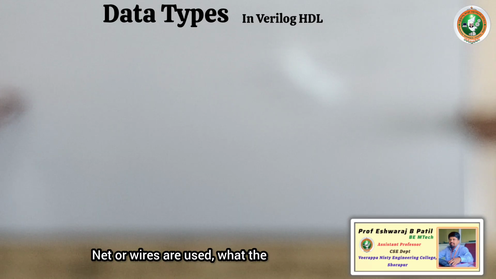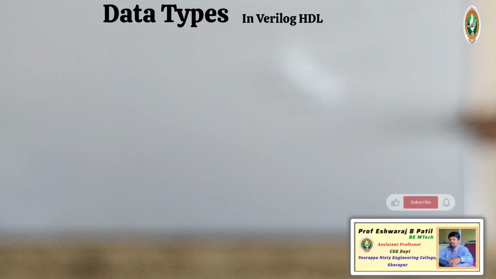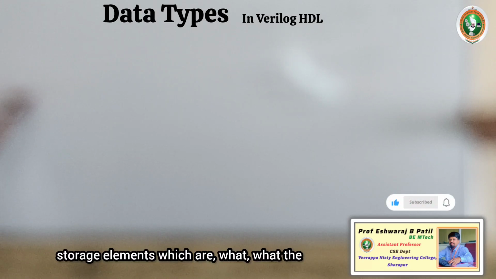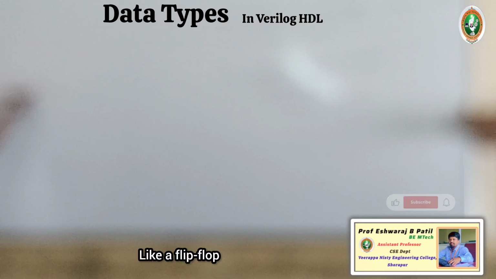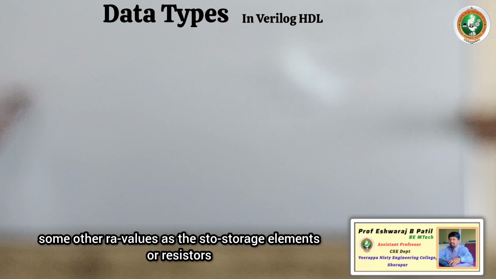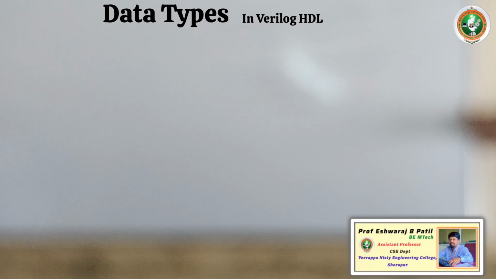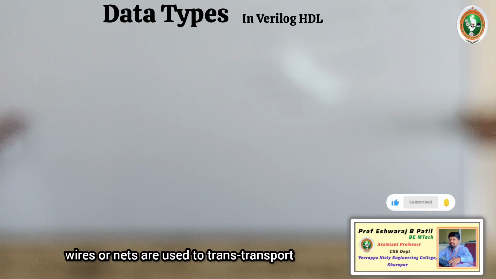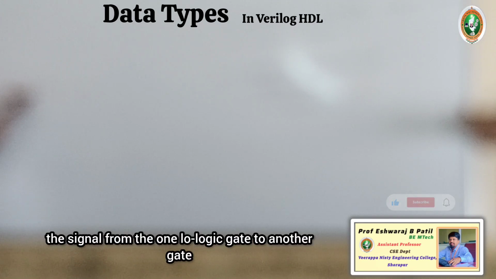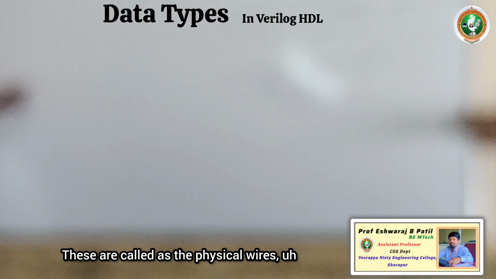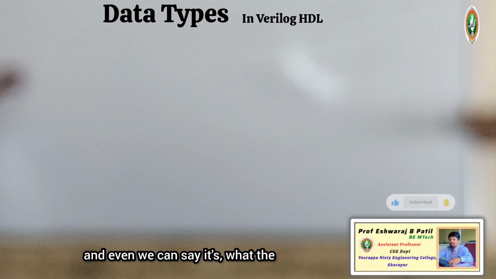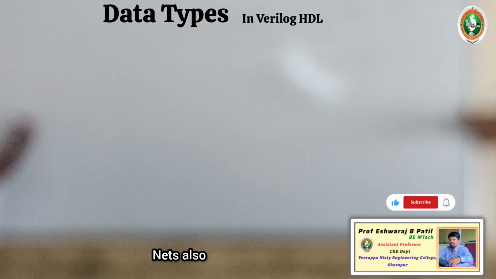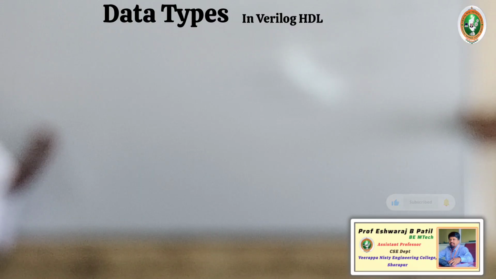Nets or wires are used for sending the signals, but the values are stored in storage elements like a flip flop, registers, which are used for storage purposes. But these wires or nets are used to transmit the signal from one logic gate to another gate. These are called the physical wires, and we can say it for the nets also.